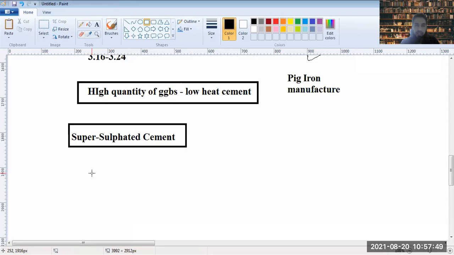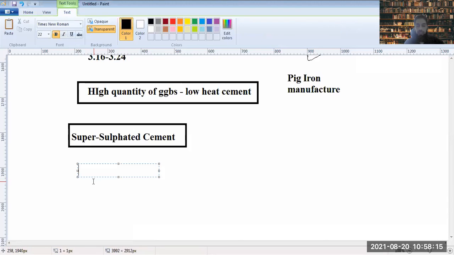Any one of you who can recall, in sulfate cement what did we decrease? Yes, anyone? C3A percentage. We decrease. So in super sulfated cement, you are further decreasing the C3A percentage. That's the difference between the sulfate and the super sulfated cement. So it would have even lesser. I'll not go into detail on that.